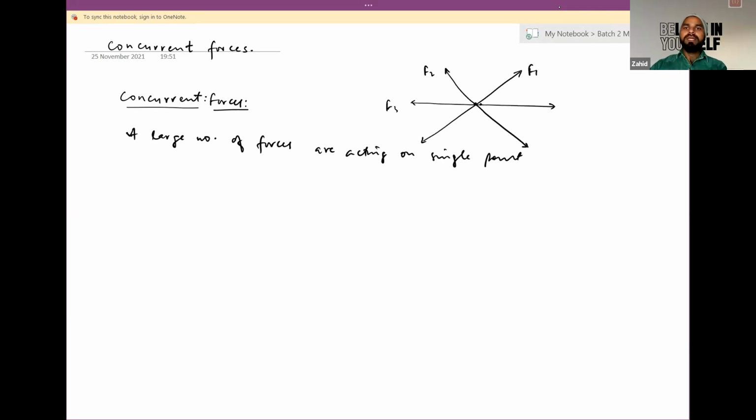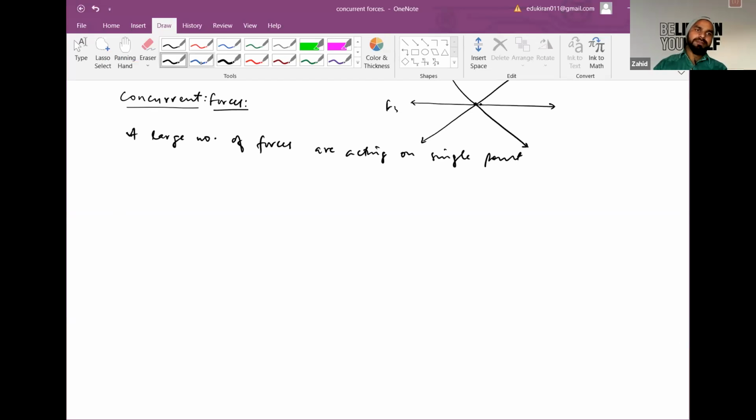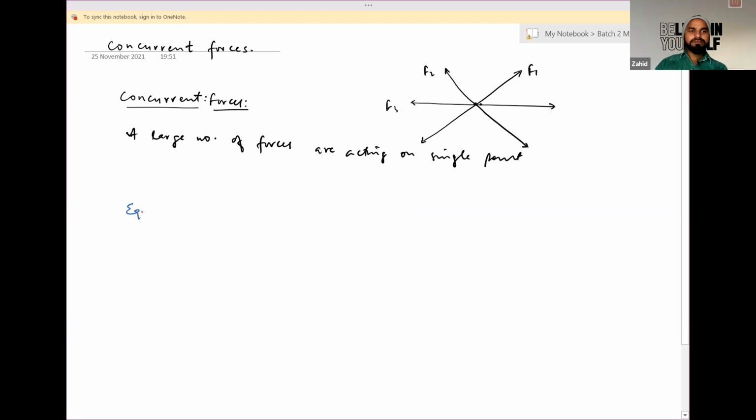And we have to define equilibrium of all these forces. It means equilibrium of concurrent forces. If the sum of all forces acting on a particular point sums up to 0, this will be termed as equilibrium of concurrent forces. Now we have to mainly define up to a maximum of 3 forces.